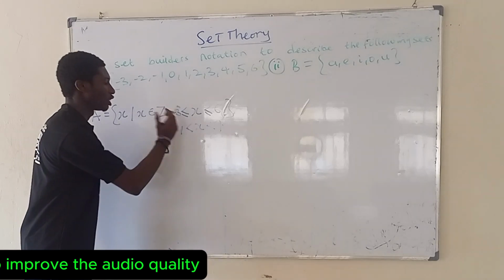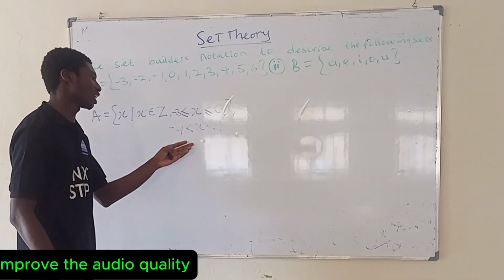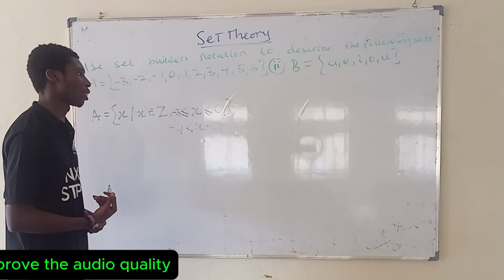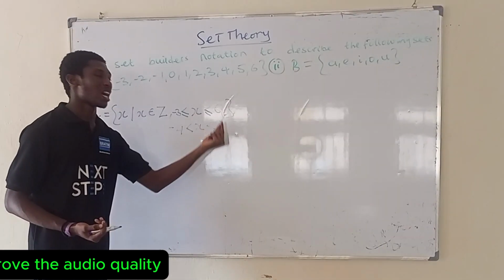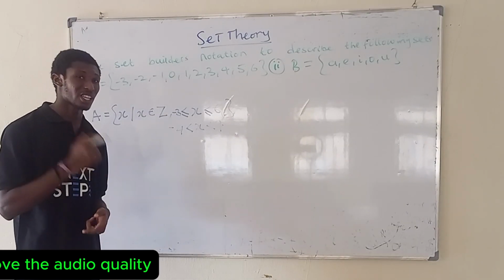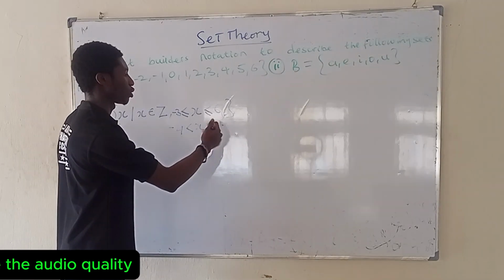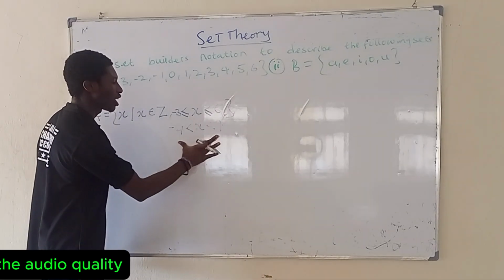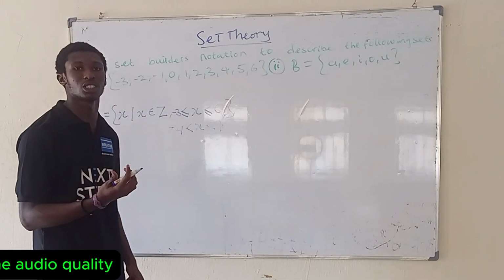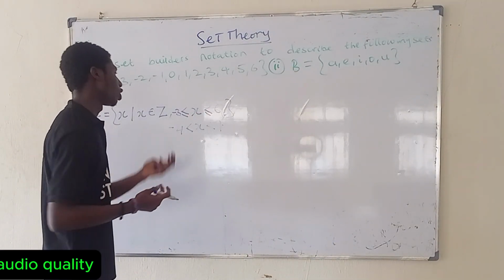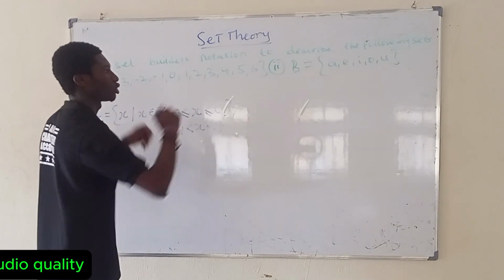That means the number after negative 4 that is greater than negative 4, which is negative 3, and less than 7, and 7 is not inclusive. So that means I'll stop at 6. If I write it in this format, it is still correct. So there are various ways you can tweak this and you still arrive at the same answer. But you need to not fall out of this range.